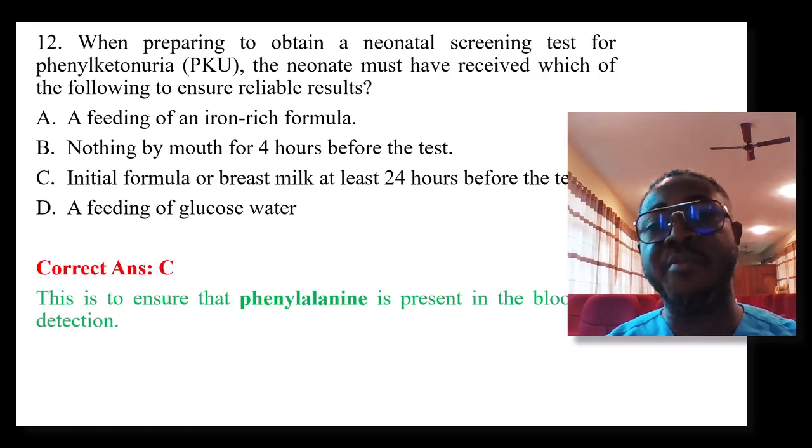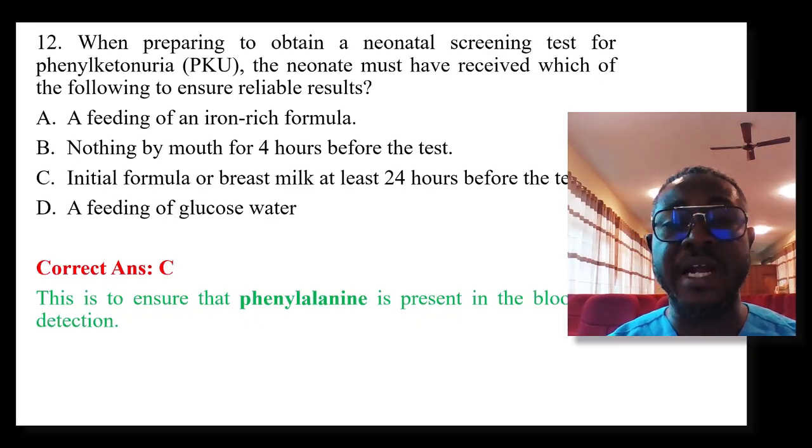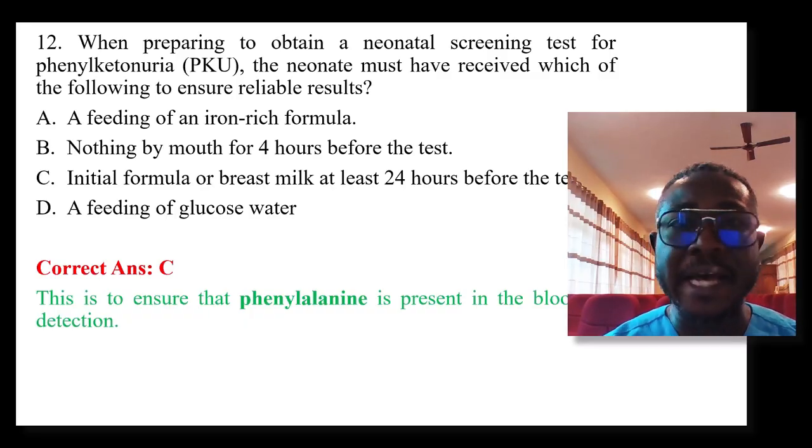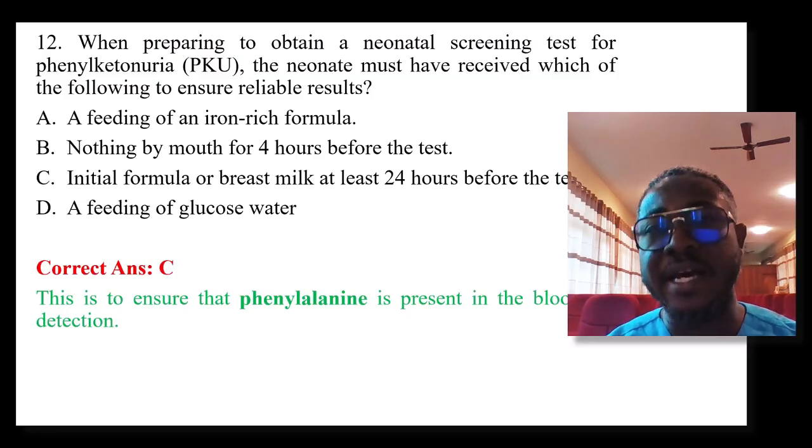We know that breast milk contains phenylalanine, and some formulas also contain phenylalanine, and so a baby with this condition should not be fed with breast milk or formulas that contain phenylalanine.